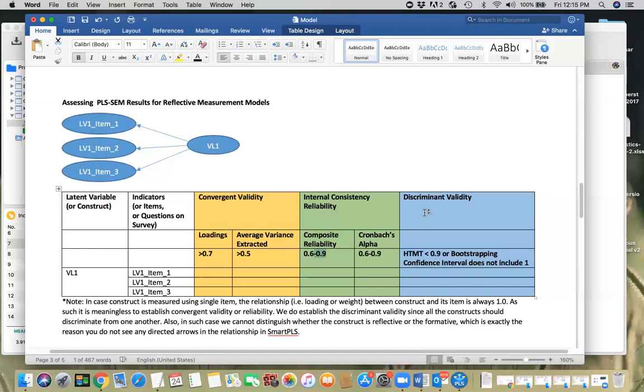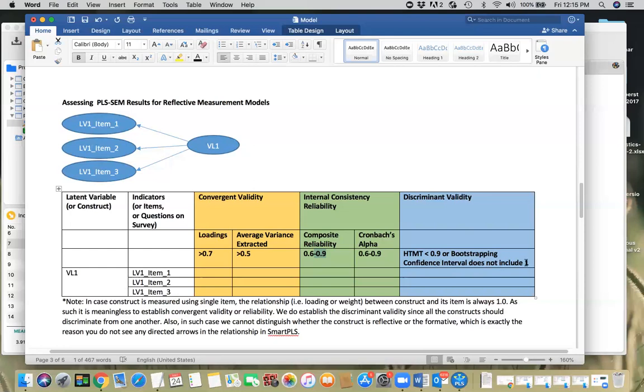And discriminant validity will be assessed using a couple of criteria. One is the most recommended, the HTMT measure, and that has to be less than 0.9. Or when you run the bootstrapping, the confidence interval should not include 1.